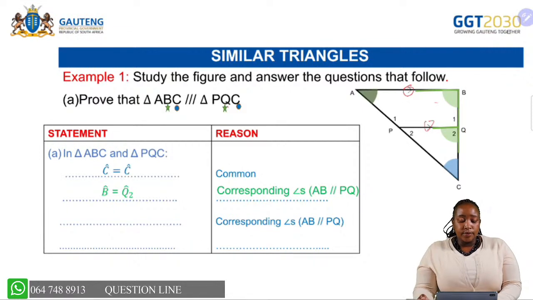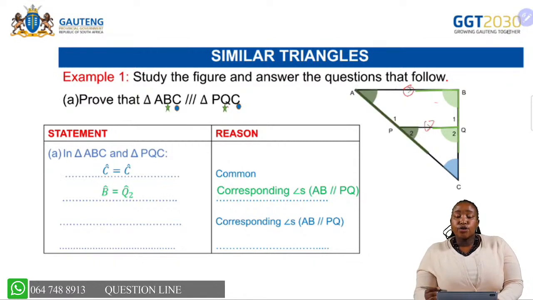For the next one, we are told that there's another pair of corresponding angles, and we have to identify that pair. All right. So angle A and angle P there, because they're also between two parallel lines and a transversal. Do you see?